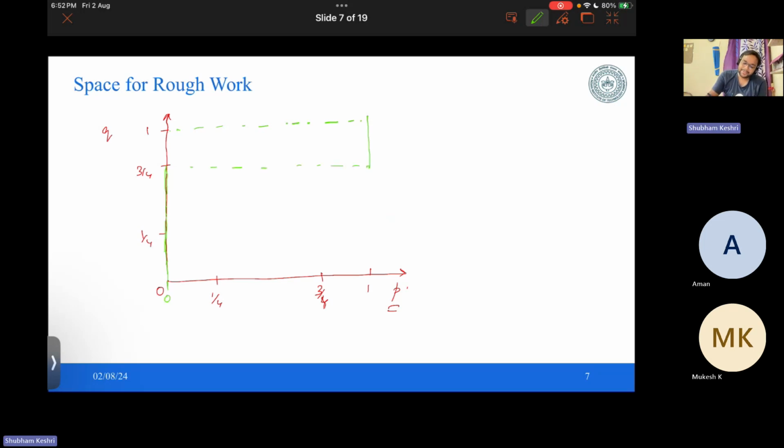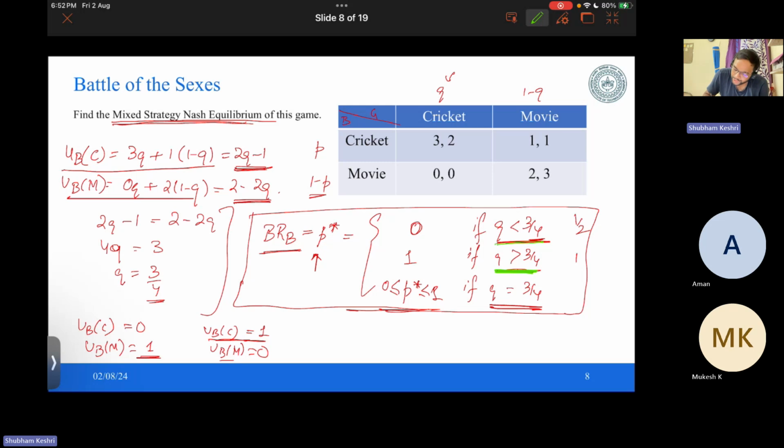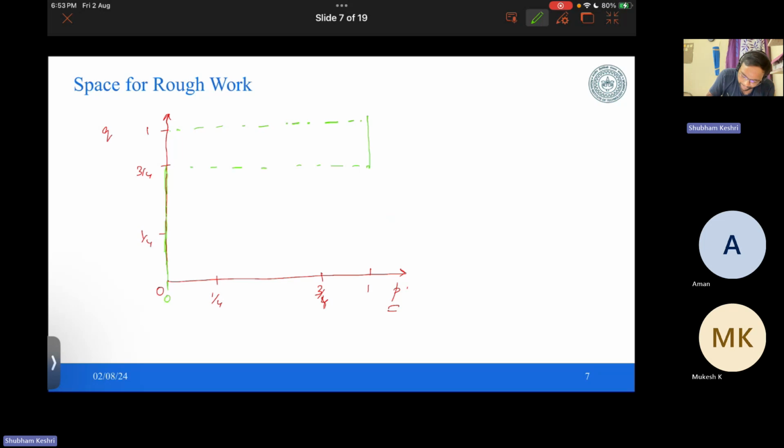When Q is greater than 3 by 4, it will obviously never be more than 1 because it is probability. So when Q is between 3 by 4 and 1, the P value is 1. And when Q is exactly equal to 3 by 4, P can take any value between 0 and 1. So this is the exact line or function of the best response of player 1.